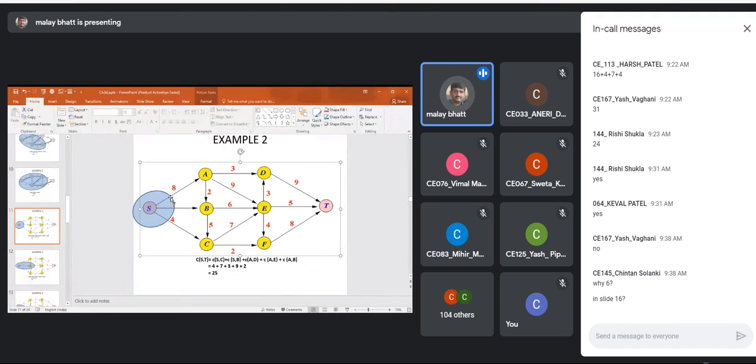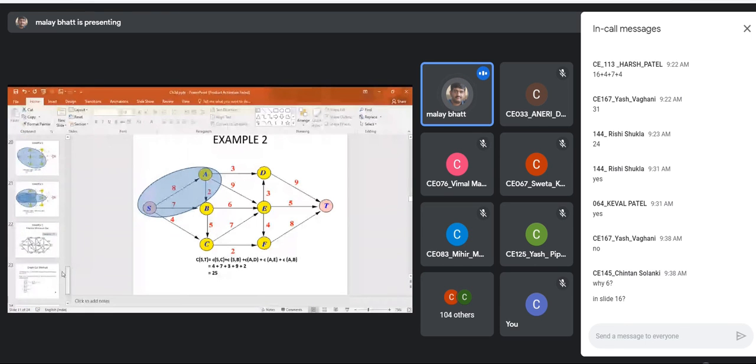So this cut will also give that value, but you cannot get lesser than 19. You will never get a lesser than 19, right?